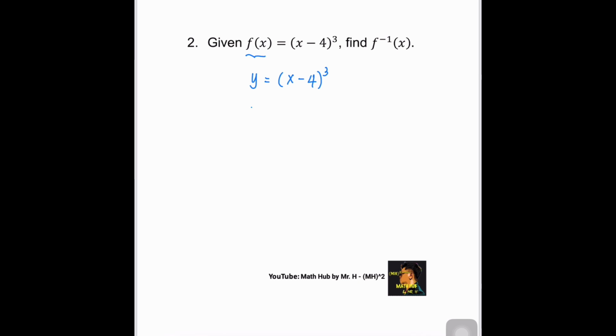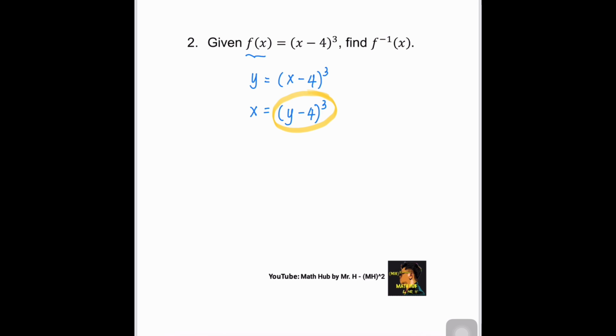So this will become x equals quantity y minus 4 cubed. Next, we need to solve for y. This whole thing on the right hand side of the equation is raised to the power of 3.